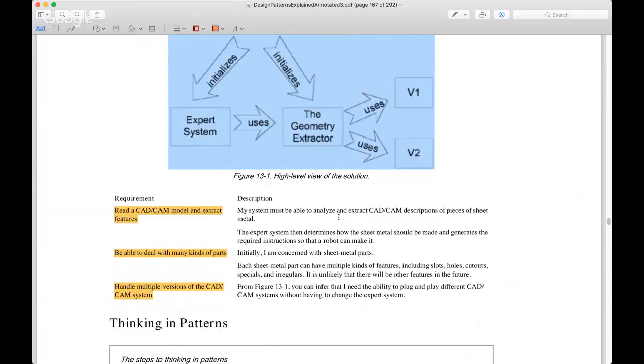So it's going to read a CAD/CAM model from the expert system, and it's going to make sense of the parts being asked to make initially using what ultimately is a subset, the sheet metal parts.